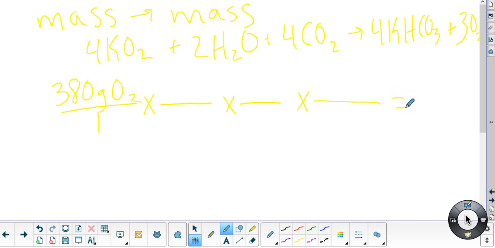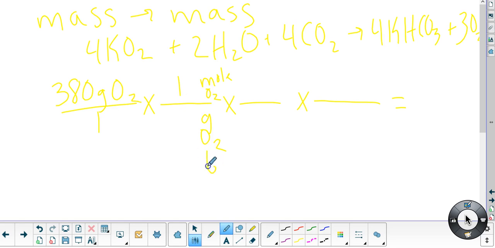First step, you're going from mass of oxygen to moles of oxygen, so what are you using for this first step? You've got grams of oxygen to moles of oxygen, so you use your molar mass. Good.